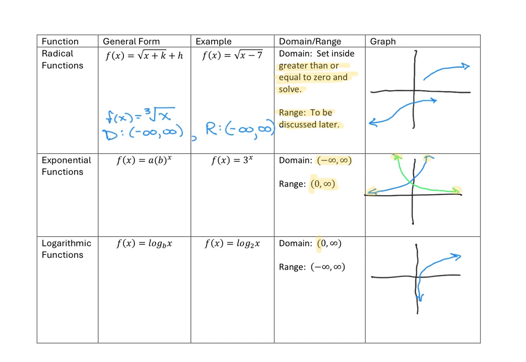And our range, we do have that this goes down forever, and this goes up forever. So those are the basic functions that we work with in this class, and you will see them again. And so we'll be playing around with these a lot. And we're going to kind of expand on some of these ideas in this course that we haven't seen previously.